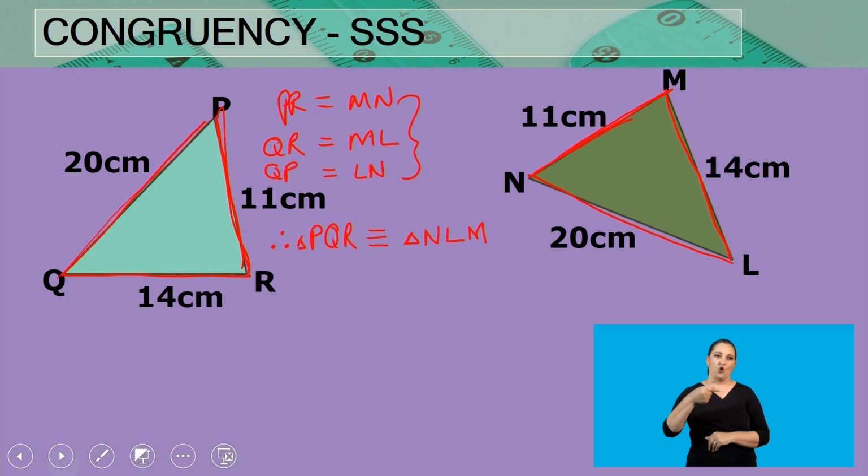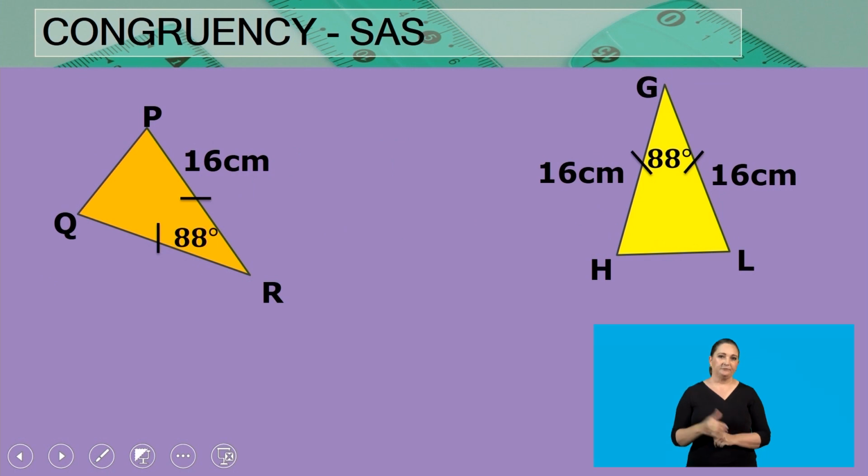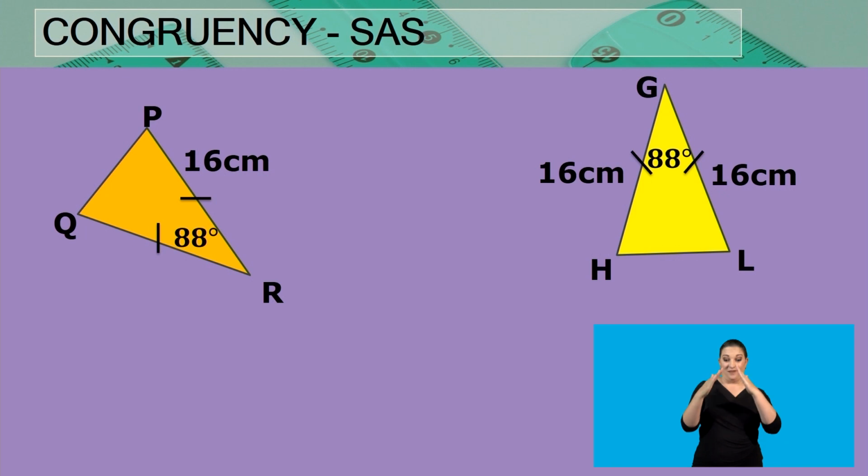Let's move on to another condition. So that is the side angle side. Now looking at these two triangles here, we have been given triangle PQR and triangle GHL. And we can see here that we are given that these two sides are equal. That is side PR and QR. But since PR has been given as 16 centimeters, this means that QR is also 16 centimeters.